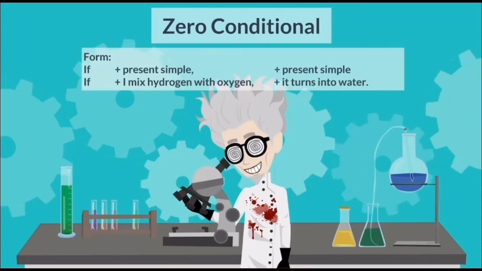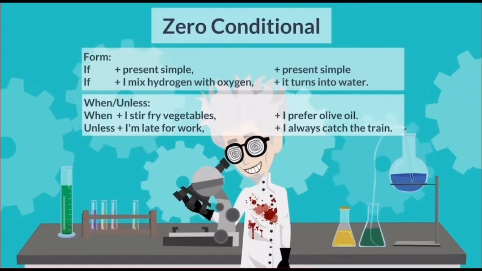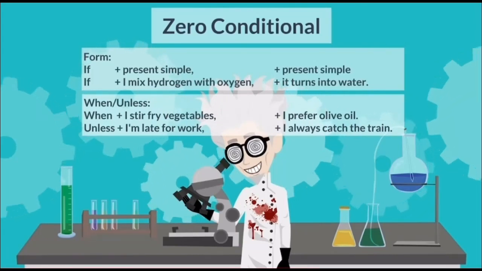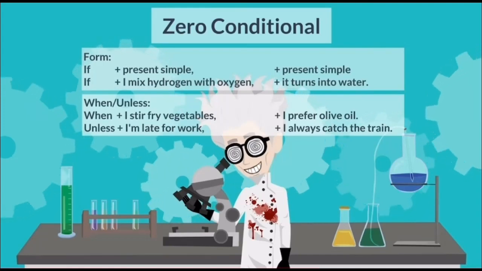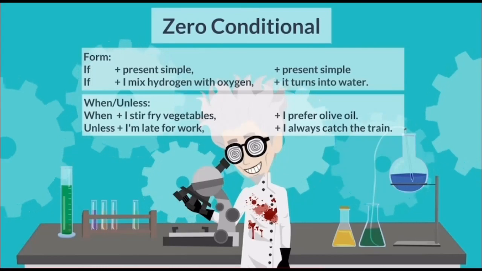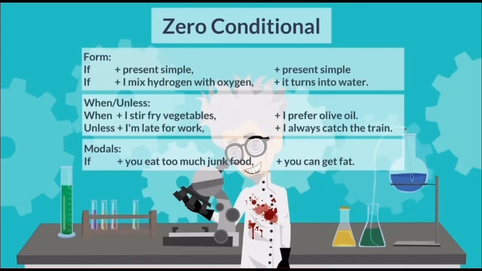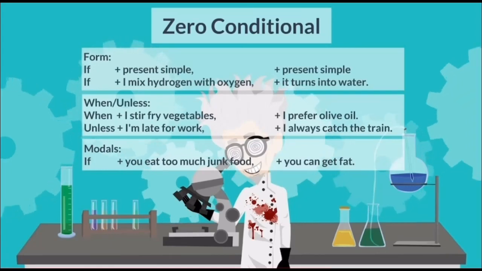When we use the zero conditional, for example, unless I'm late for work, I always catch the train. And the zero conditional can also be used with modals. For example, if you eat too much junk food, you can get fat.